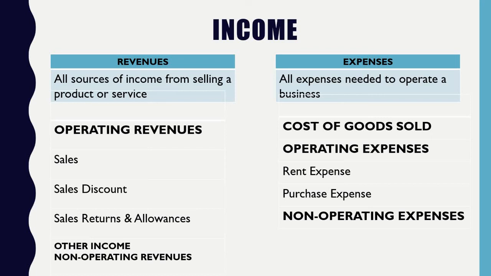And then we have the last category, which is non-operating expenses. So this is a very hard concept to understand, but it's very commonly used, and I want to make sure that you guys understand this. A non-operating expense will be anything that is not directly correlated to the core operations of your business.